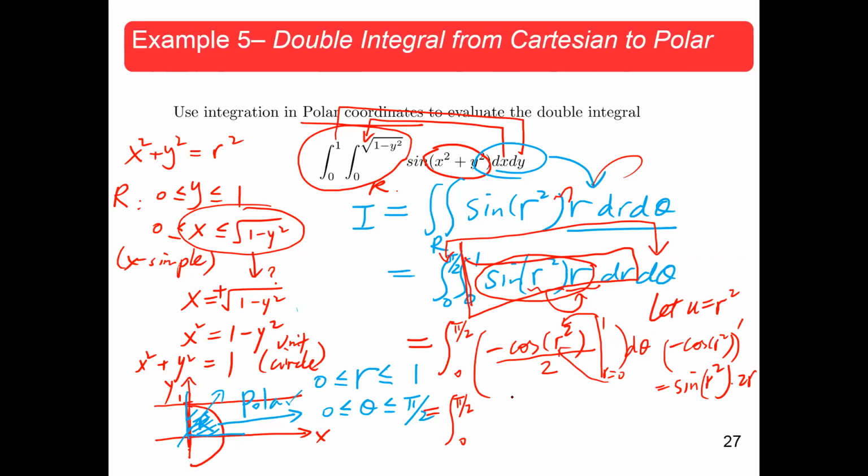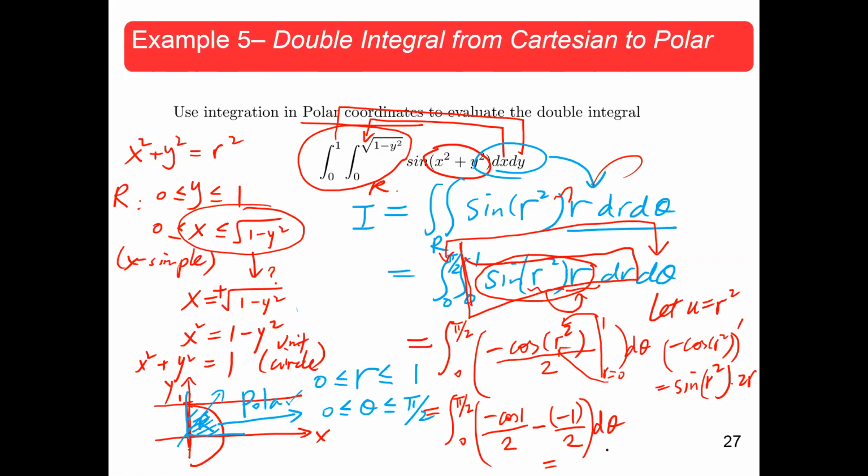First of all, let's plug in 1. So we have negative cosine 1 over 2. And subtract, we plug in 0. If you plug in 0, I have negative cosine 0, which is negative 1, over 2, d theta.